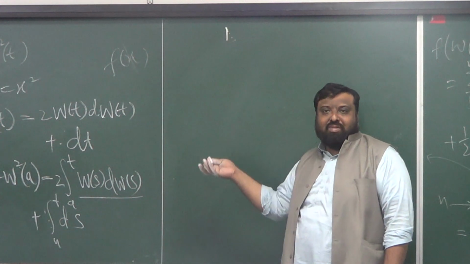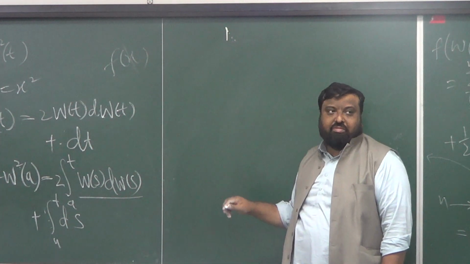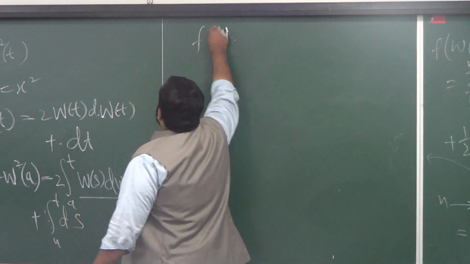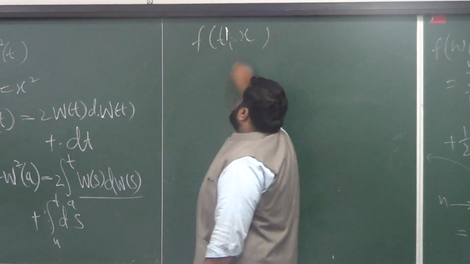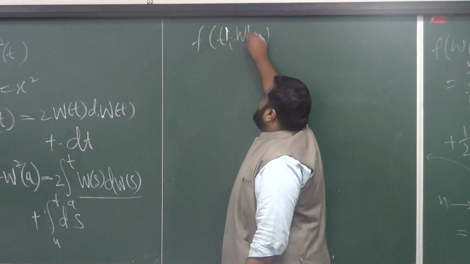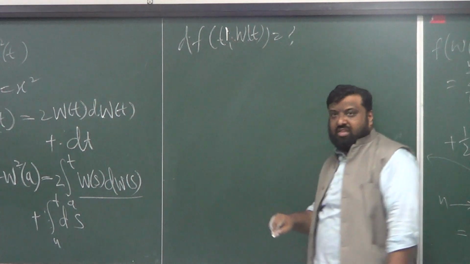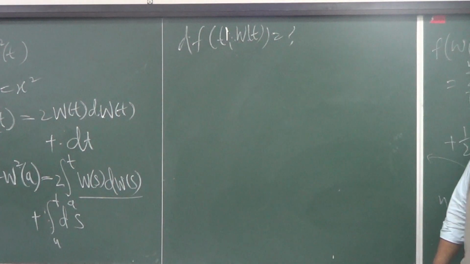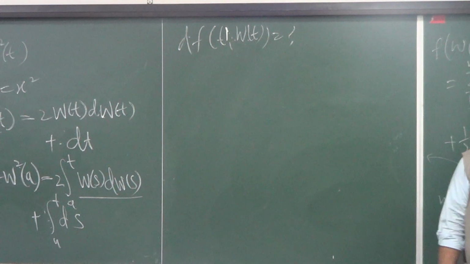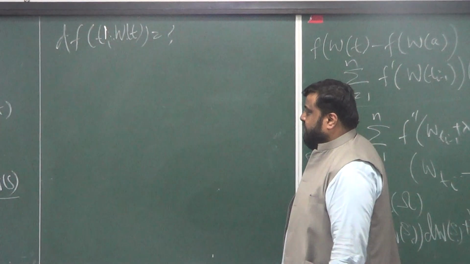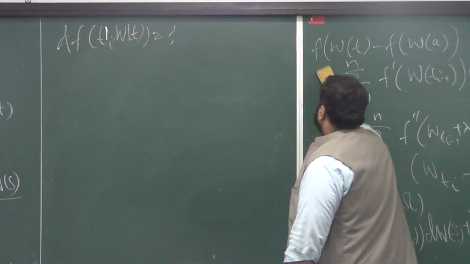Obviously Brownian motion depends on time, but the function doesn't. So the next thing would be, what if I have a function that depends on time and Brownian motion? What would be the dynamics of such a function? So let's see what the dynamics would be.